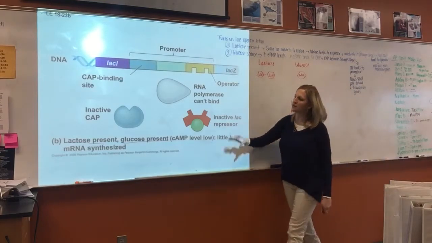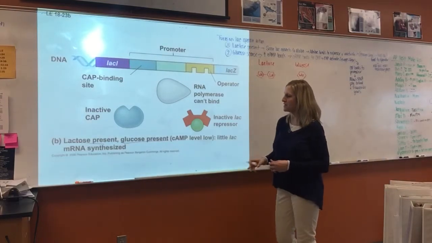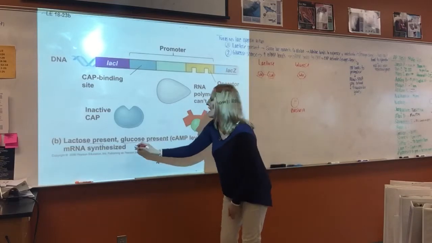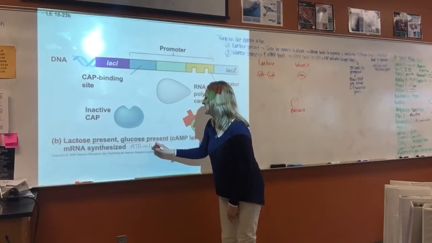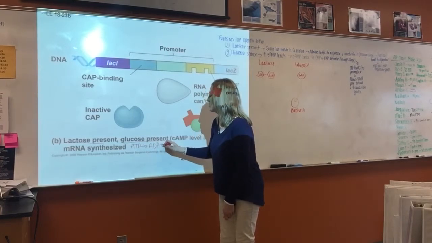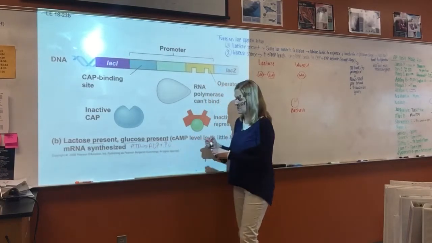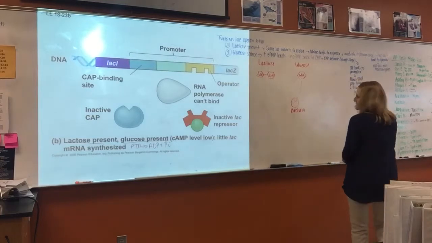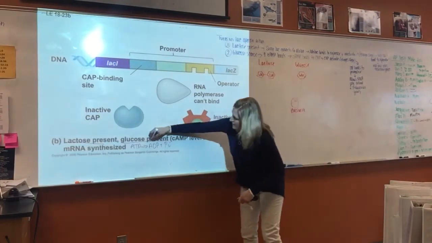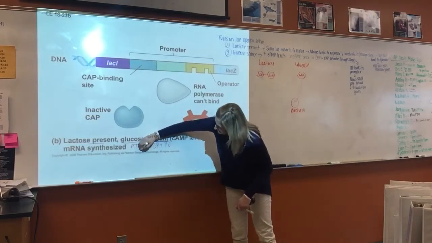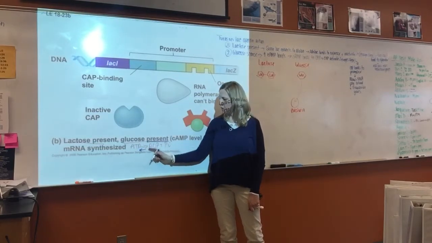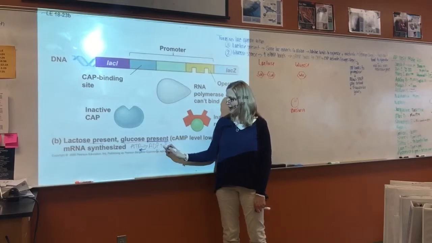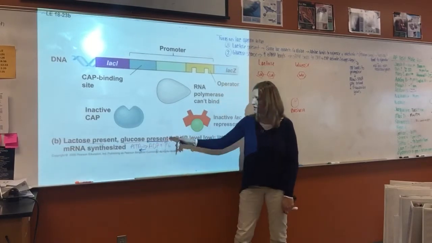All right, so how does the glucose being present turn these genes off? So remember, glucose has to do with cellular respiration, so breaking down ATP into ADP and phosphate. But if glucose is present, that means the process of putting the phosphate back onto ADP to make ATP is going to happen.